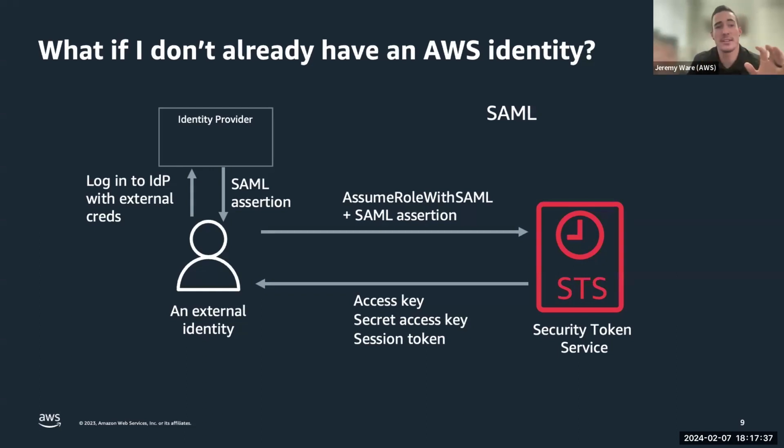And then based on sending that XML doc, or what we call a SAML assertion or response, to the service provider or SP, it validates that the federated user is who they say they are, right? So as an external identity, you would sign into your IDP. This could be Okta, Ping, any other third-party solution.